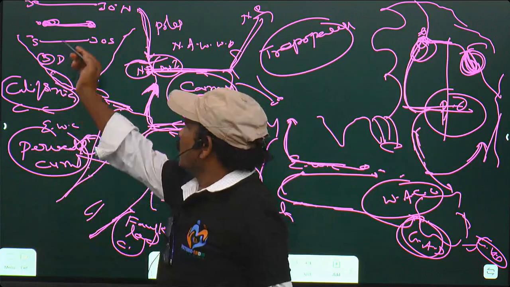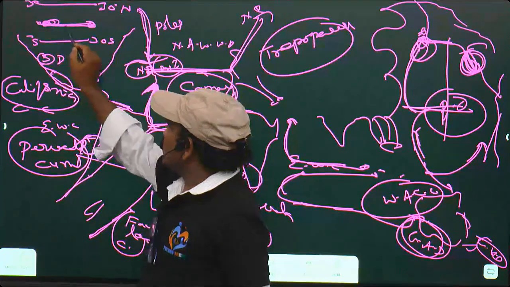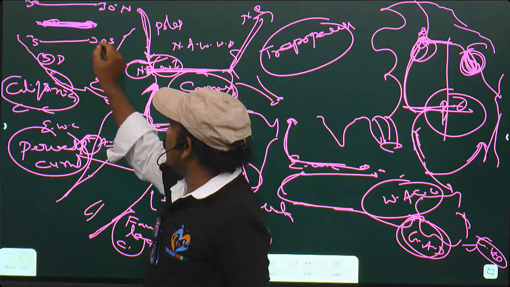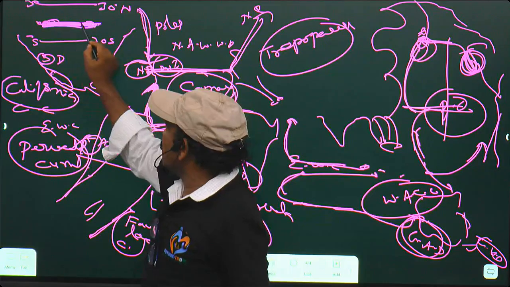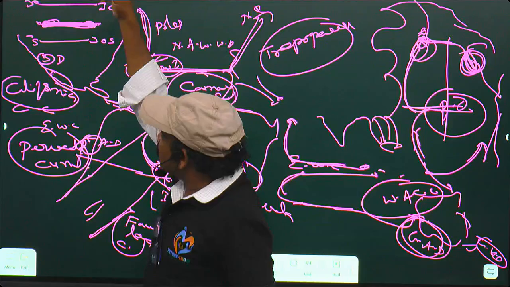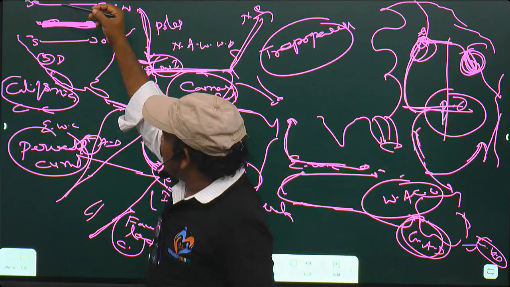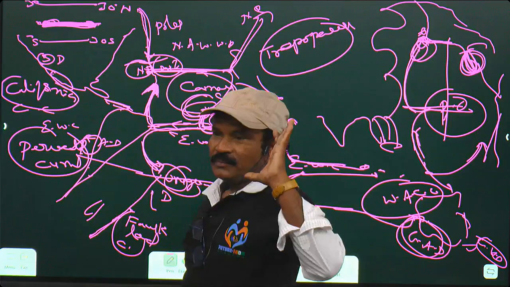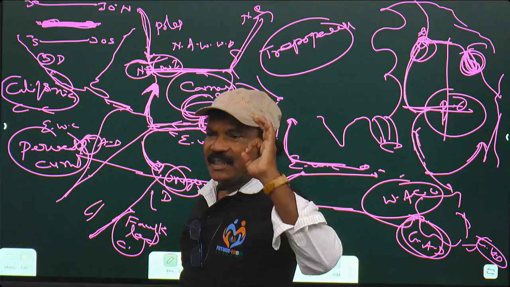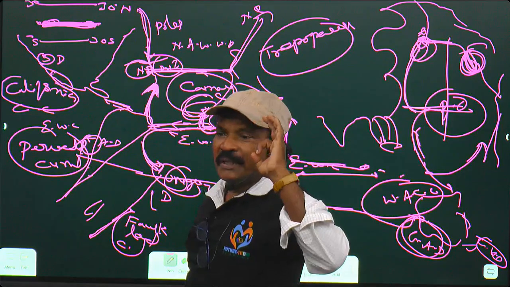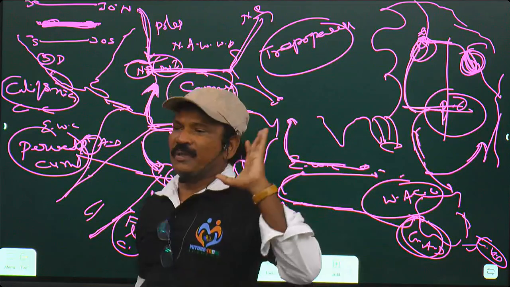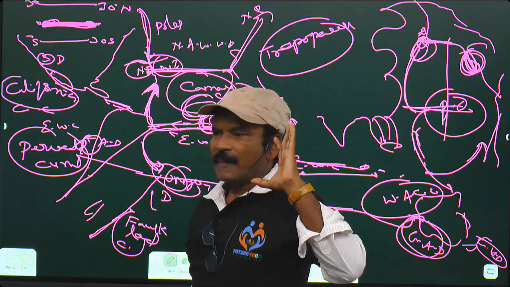Here, due to high temperature, the equatorial atmosphere gets more heated and moves upward up to the tropopause. The tropopause is the meeting place of the troposphere and the stratosphere. Clear?